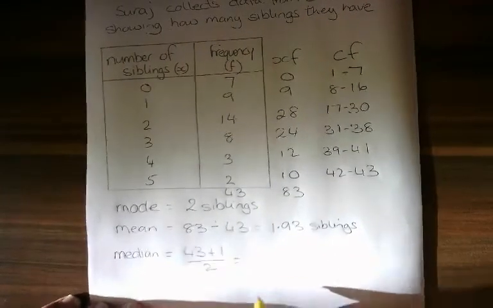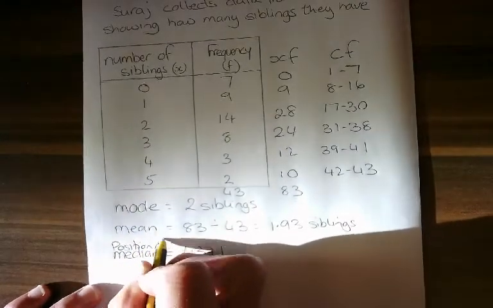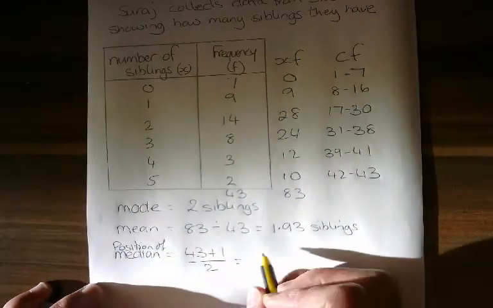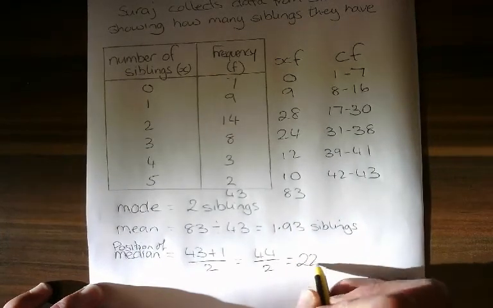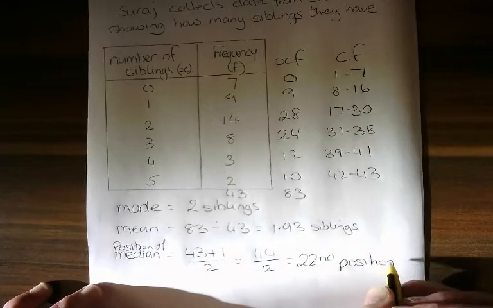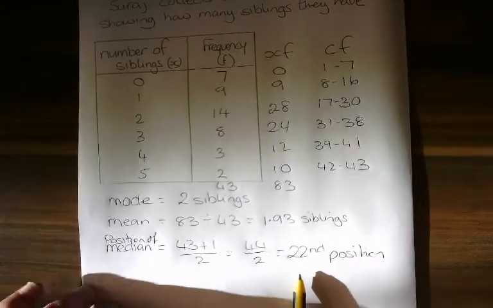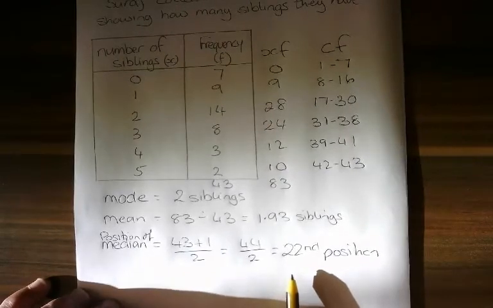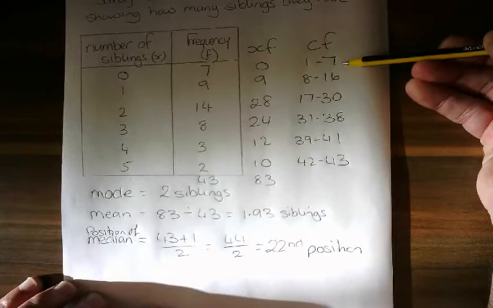Remember, this is for the position of the median. That is 44 divided by 2, so I'm looking for the 22nd position. Remember, 22 is not your median, that is just the position of the median if it was in a list. So what I need to do now is have a look at my cumulative frequency again.